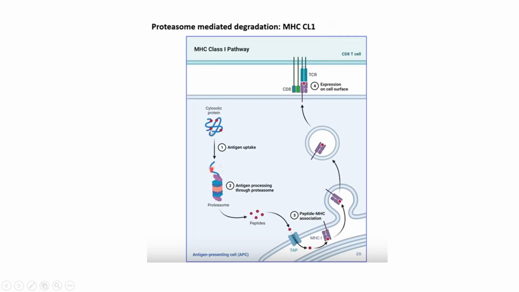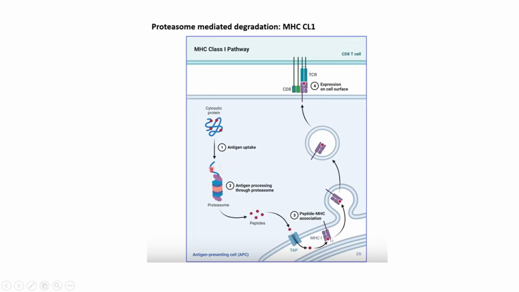So it will tag ubiquitin to it, and it will degrade that protein molecule. After degradation, that protein will be converted into small peptides, and those small peptides will be translocated onto the MHC1 molecule.